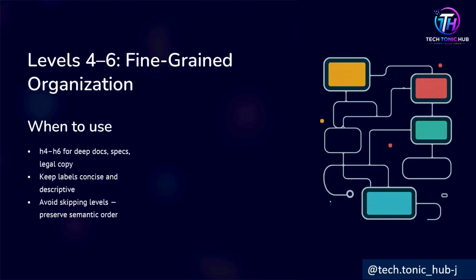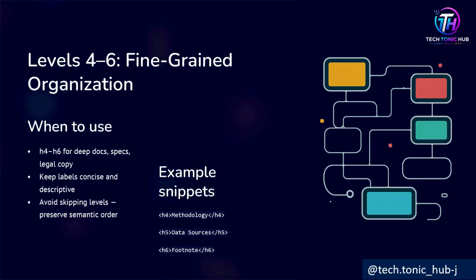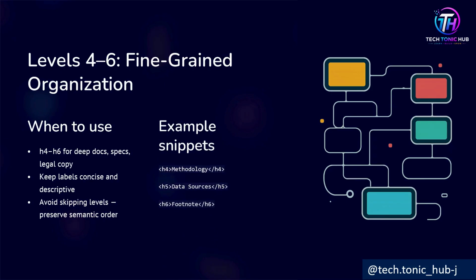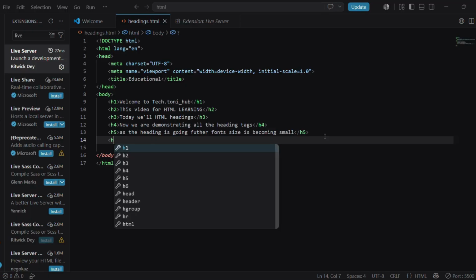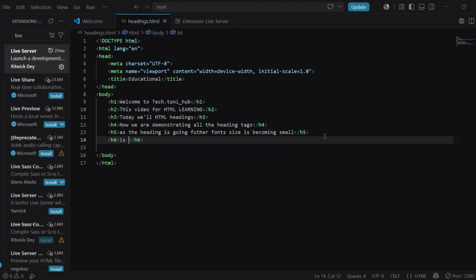The important thing to remember is don't skip heading levels. For example, don't go from H1 directly to H4. Instead, maintain the proper order: H1, H2, H3, H4, H5, H6. This creates a logical structure for both users and search engines. It is the best practice to create your website properly.